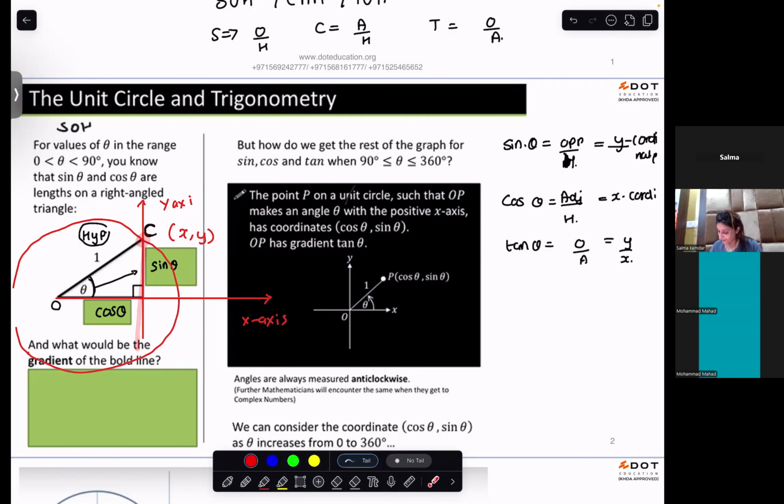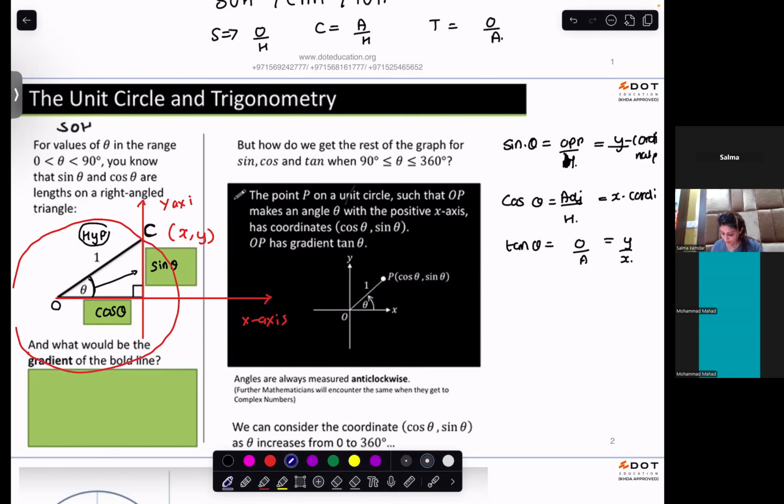Can you also tell me the gradient of this triangle? How do I get that? What is gradient? Slope. Change in y divided by change in x. So this is the rise, and this is the run. Rise divided by run.